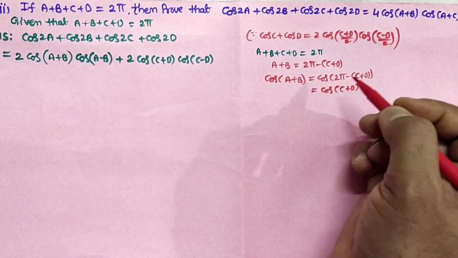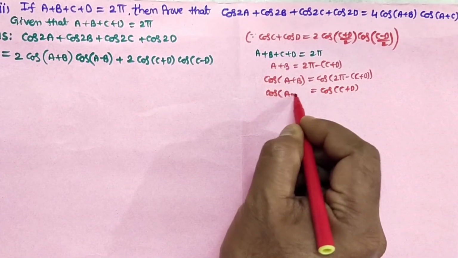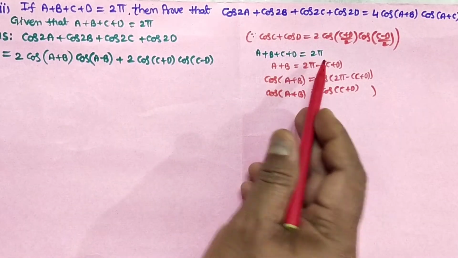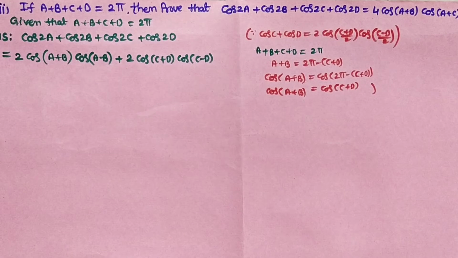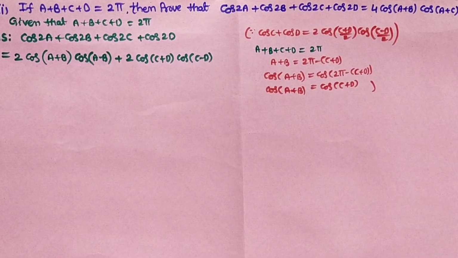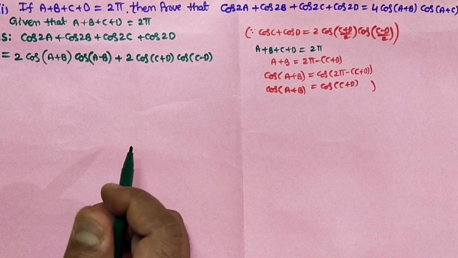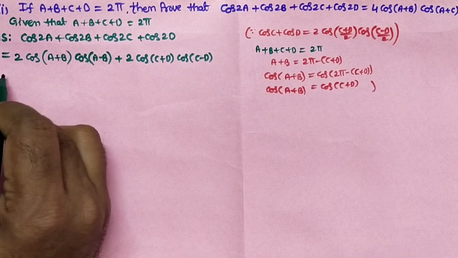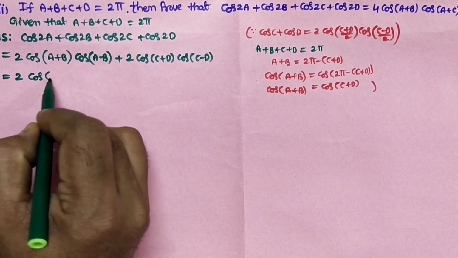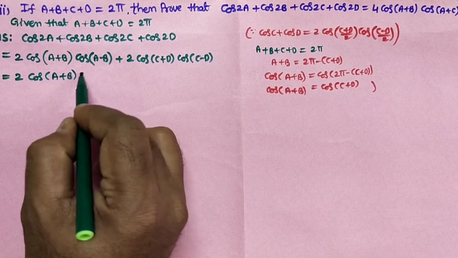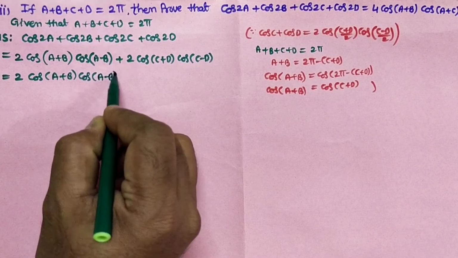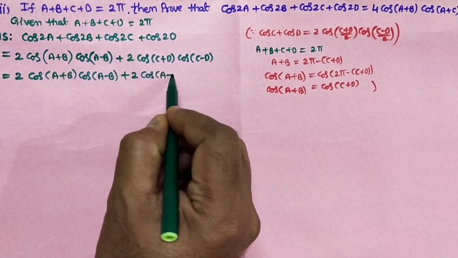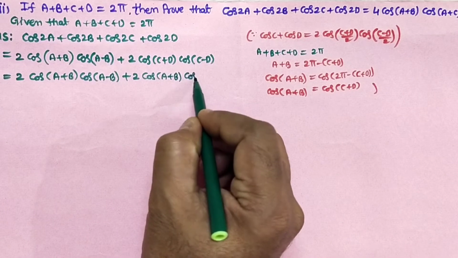So wherever cos of (a plus b) is there, we have to write cos of (c plus d) when the condition is a plus b plus c plus d is 2 pi. Wherever cos (c plus d) is there, you can write it as cos of (a plus b). So this is equal to 2 into cos of (a plus b) into cos of (a minus b) plus 2 into cos of (a plus b) into cos of (c minus d).